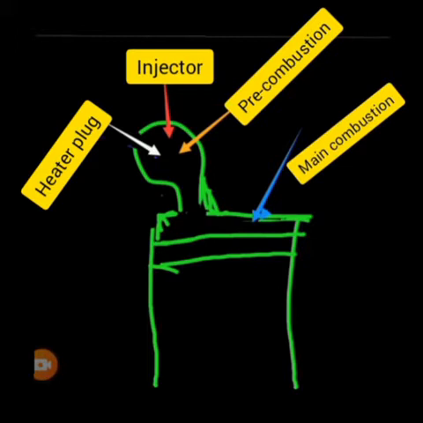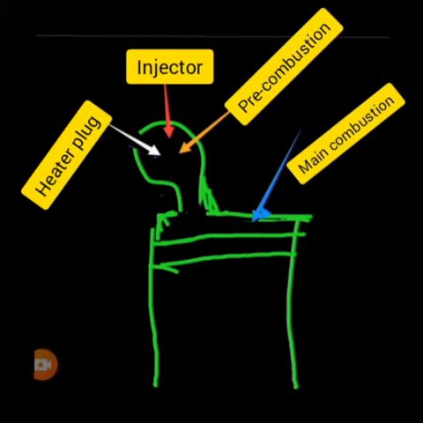And you can see where your injector is. Your injector will not spray directly into the main chamber. It sprays into this very hole, the pre-combustion chamber. After spraying into the pre-combustion chamber, combustion then transfers to your main combustion chamber.